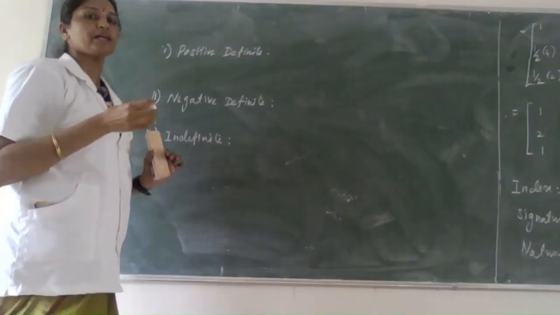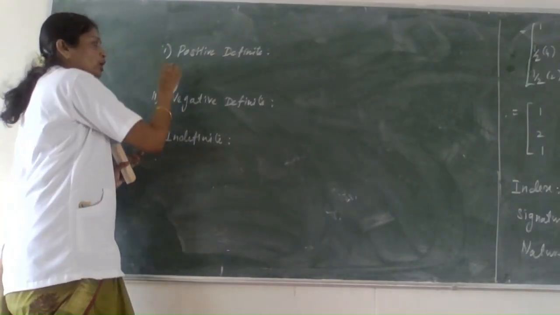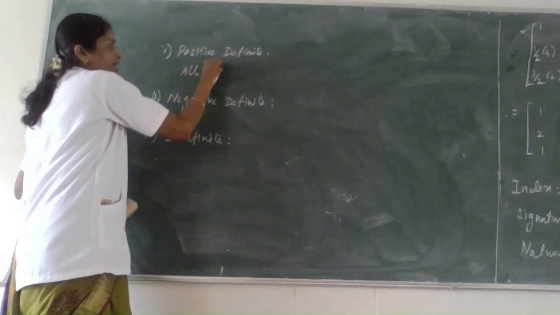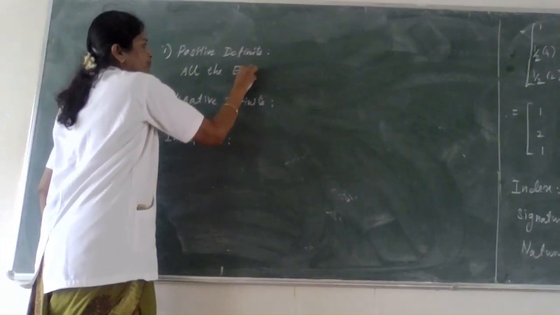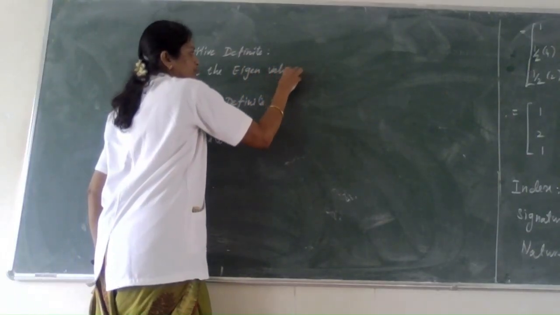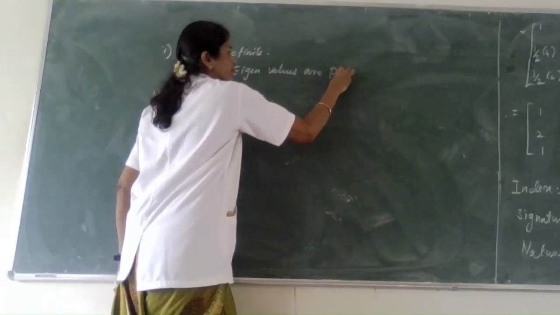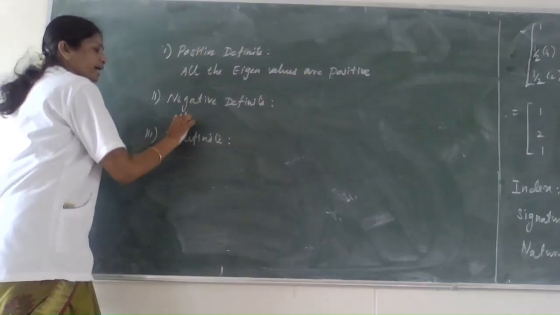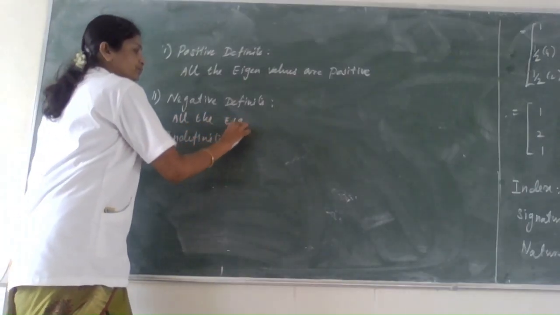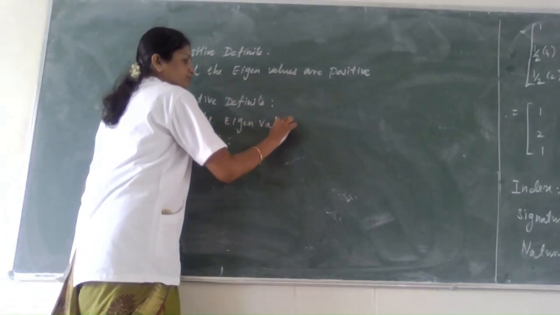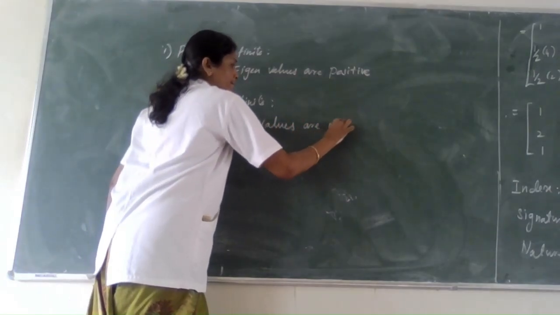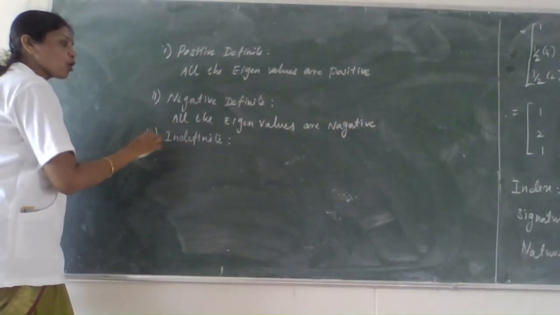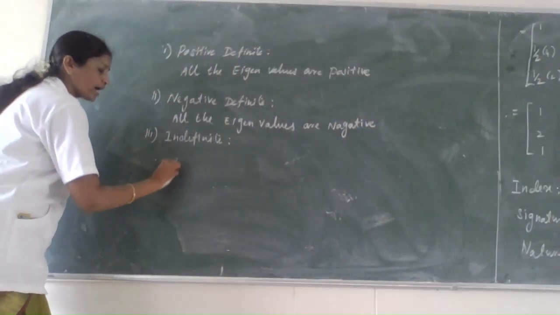Suppose we get a 3 by 3 matrix, all 3 eigenvalues are positive, means the nature is positive definite. Second one, negative definite: all the eigenvalues are negative. What is indefinite means? The eigenvalues are both positive and negative.